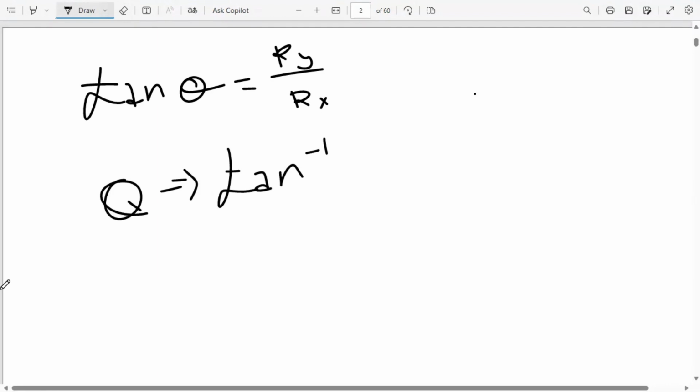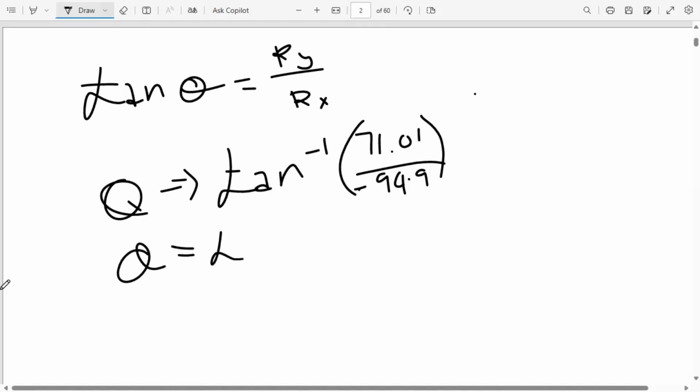Theta will be equal to the tan inverse of 71.01 divided by negative 94.9. So this is actually giving us a negative 7.4826, so I can just say 7.48 with decimal places like that.